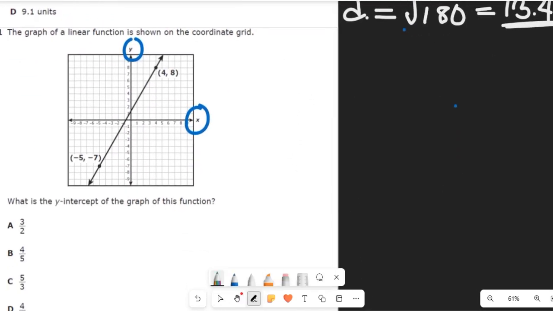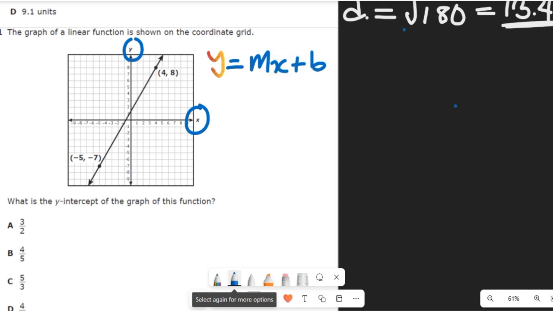To find the y-intercept, we're given y equal to mx plus b, where b is the y-intercept, right? From that linear function expression.